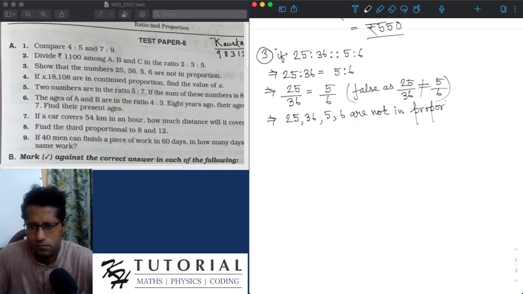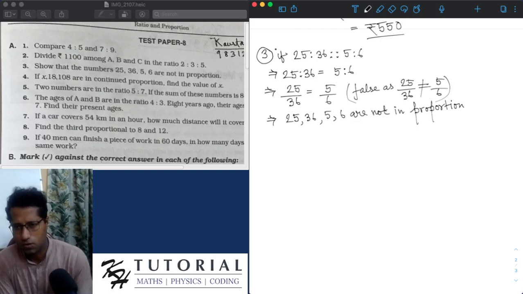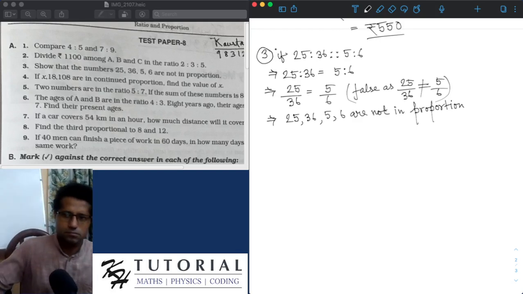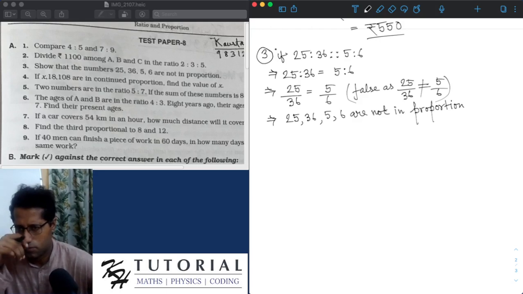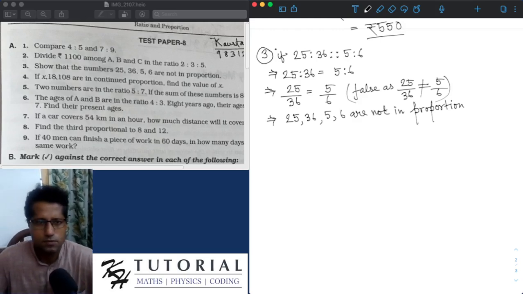Now if four numbers or quantities are in proportion, we have the symbol double colon, but there is no such symbol to represent the fact that four quantities are not in proportion. So we prove that these four quantities are not in proportion by showing that the ratio of the first two terms is not equal to the ratio of the last two terms.